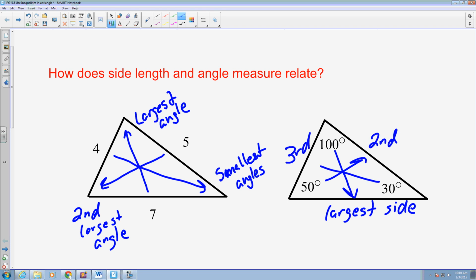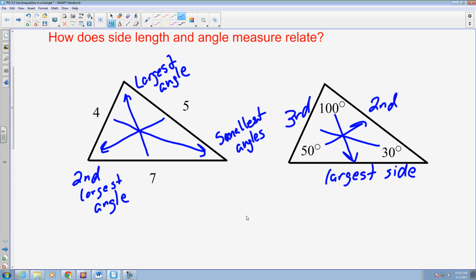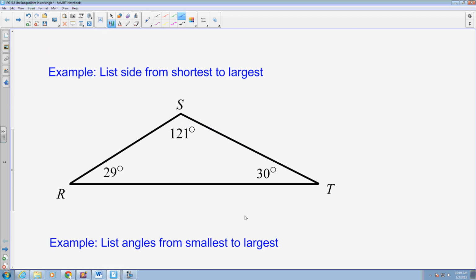Okay. So that being said, in this example they want us to list from shortest to largest side. So the shortest side is going to come from the opposite side of the smallest angle. So I'm trying to find my smallest angle, which is right here, and that's going to be on that opposite side.